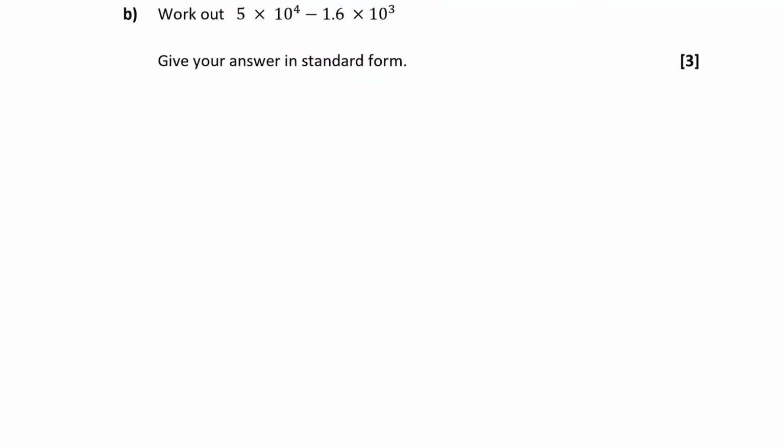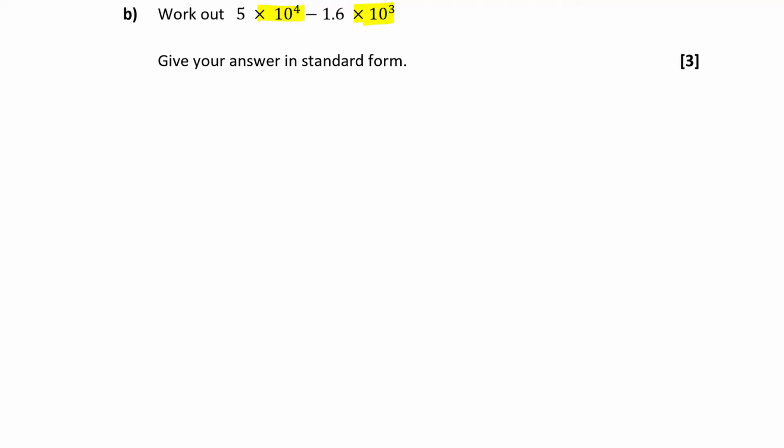Work out 5 times 10 to the 4, subtract 1.6 times 10 to the 3. Give your answer in standard form. Okay, so similar to the last question where we couldn't add or subtract our fractions unless they had a common denominator, if you want to add or subtract numbers in standard form, it's handy to have the power of 10 the same. You'll notice they're different in this case.